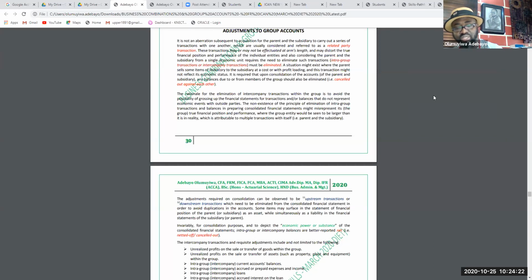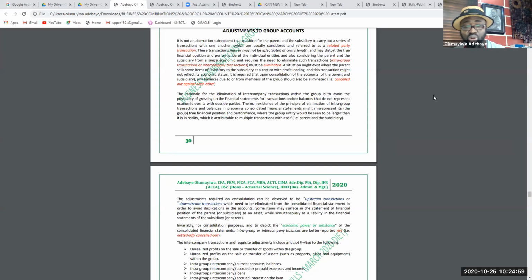Another one you need to understand is that every investor invests in a company for a return. Apart from capital appreciation, apart from getting involved in the affairs of the investee to your advantage, one thing is sacrosanct: everybody expects a return in the form of dividend from the subsidiary. Therefore, at every point in time, the subsidiary declares or pays a dividend.